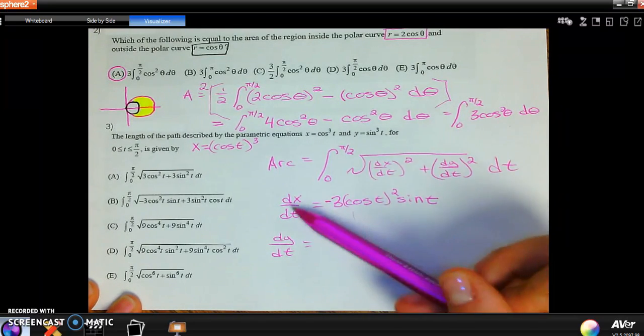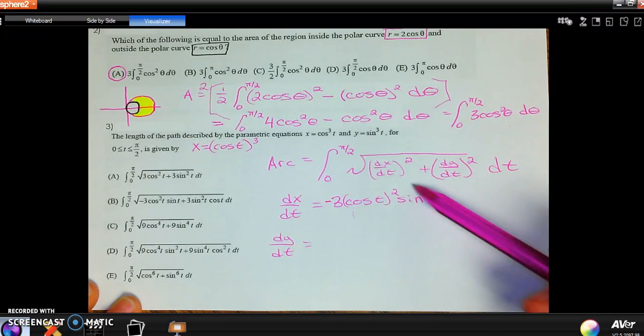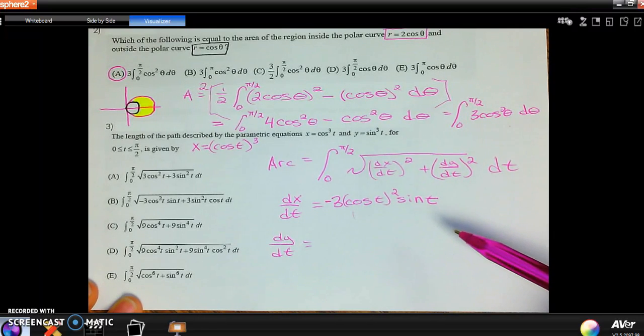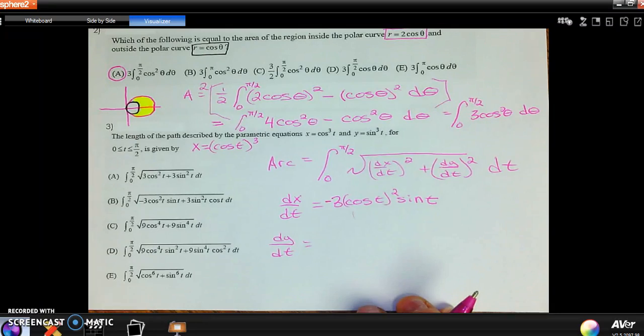Now keep in mind in the formula you have to take this whole thing and square it, so you have to be really careful with the algebra here.